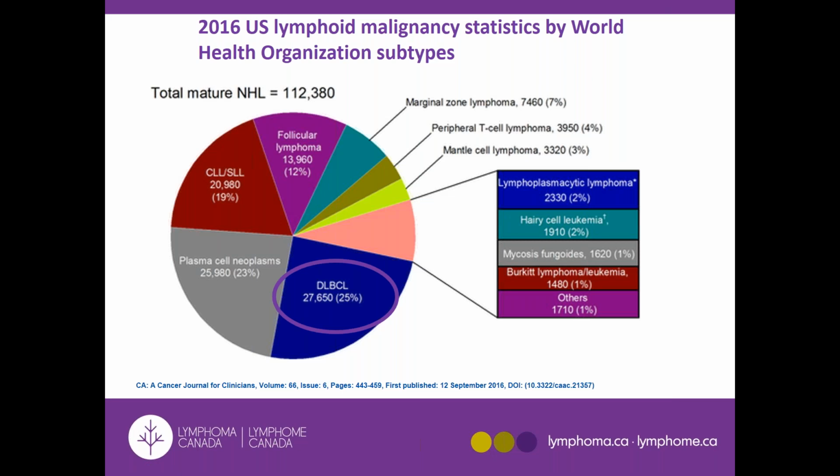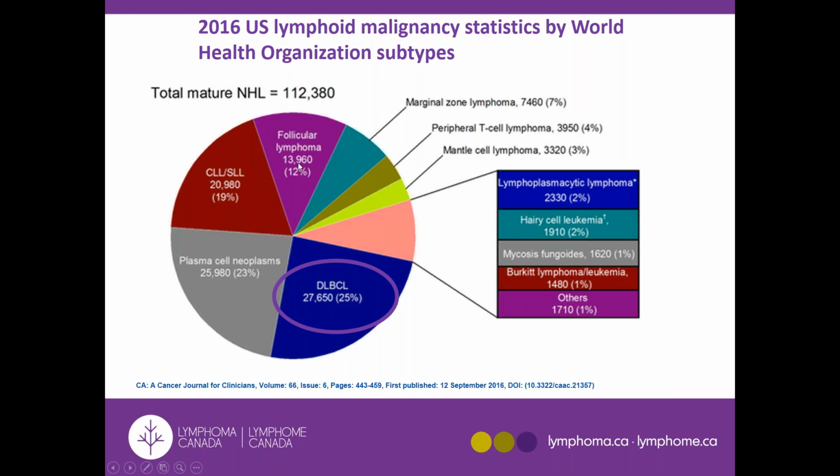This pie would be very similar to Canada, whereas these breakdowns might be quite different, for example, in Europe or on other continents or in other jurisdictions. So diffuse large B-cell lymphoma is the most common type of lymphoma, looking at non-Hodgkin lymphoma. About 25% of all lymphoid malignancies are diffuse large B-cell lymphoma.